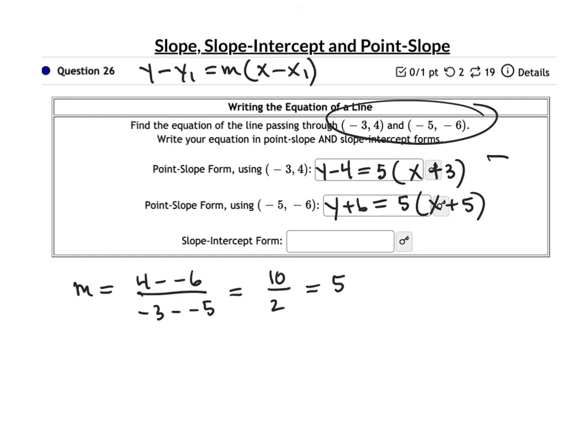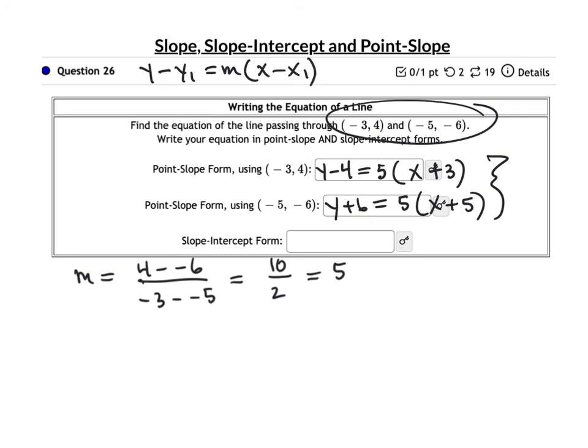Now, either one should give you the same answer. If you don't get the same answer, you did something wrong. If you solve for y, you should get the same equation. I'll use both just to show you that they're the same. The top one, if I distribute, would be y minus 4 equals 5x plus 15. And I'll add 4 to both sides.